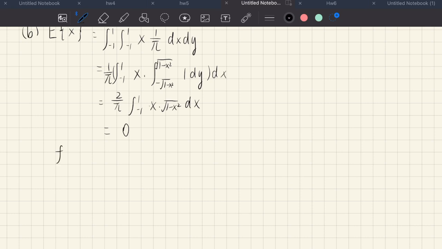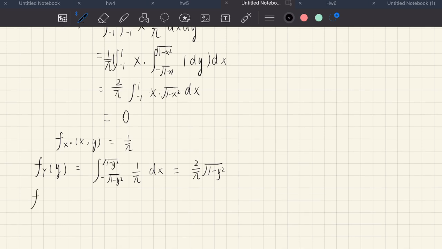And we know the density function of XY is 1 over pi, and we can calculate the density function of Y. This should be equal to the integral from minus the square root of 1 minus y squared to the square root of 1 minus y squared of this, which equals 2 over pi times the square root of 1 minus y squared.